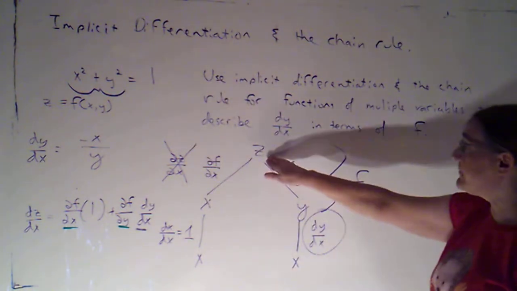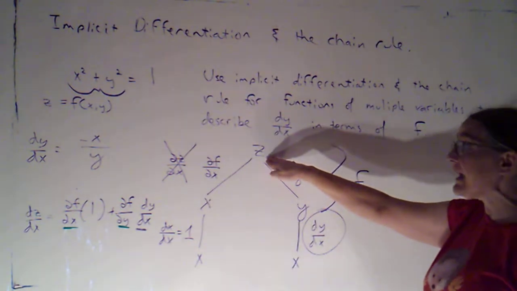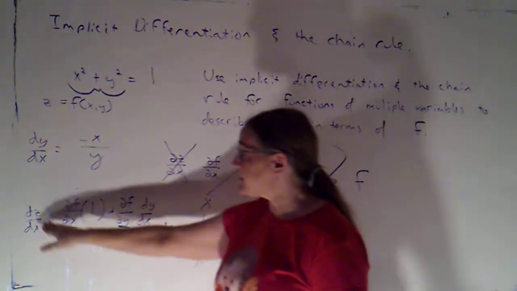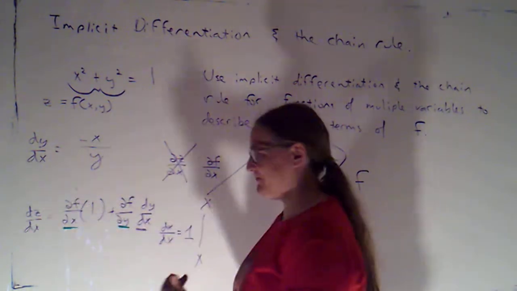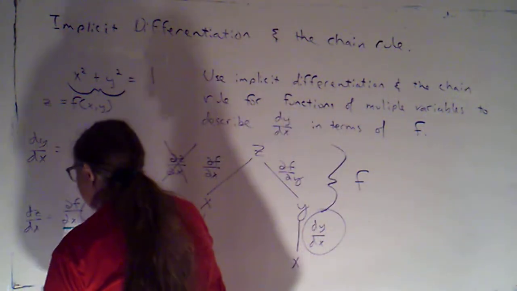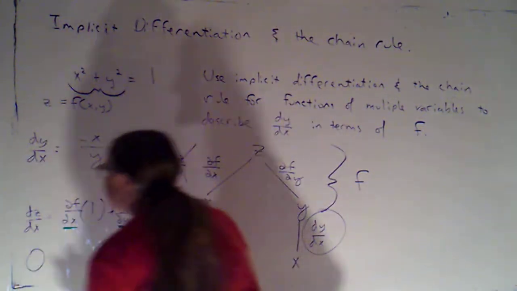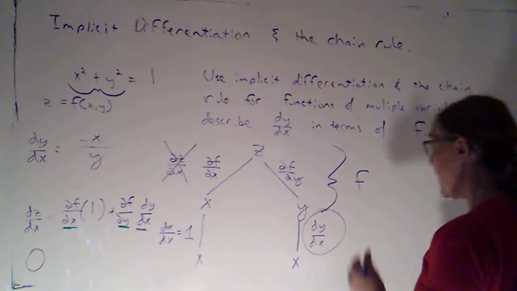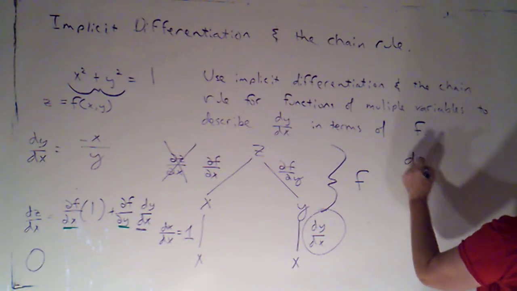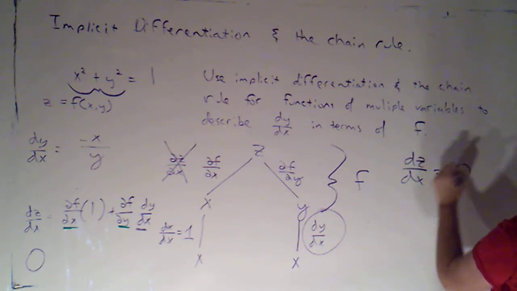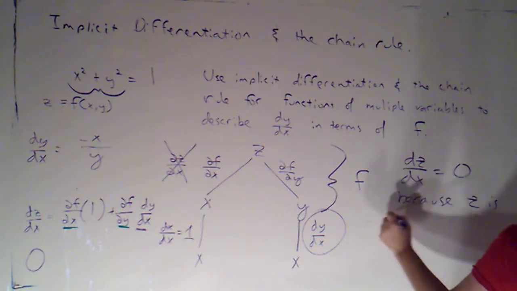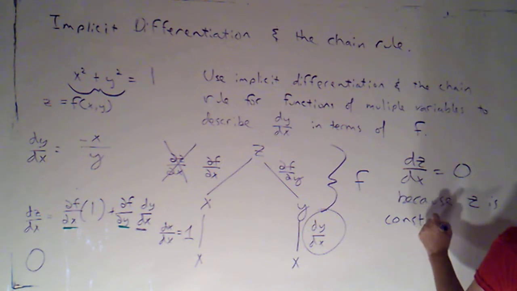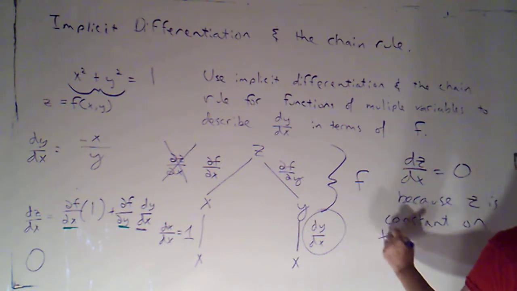Along that level curve, z is constant at 1. What's the derivative of a constant? 0. So that is 0. Let's just write that down. dz by dx equals 0 because z is constant on the level curve.